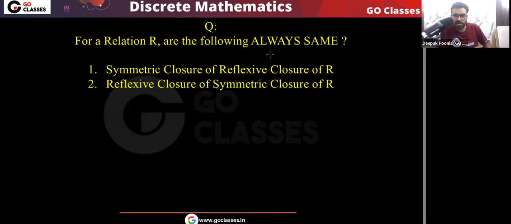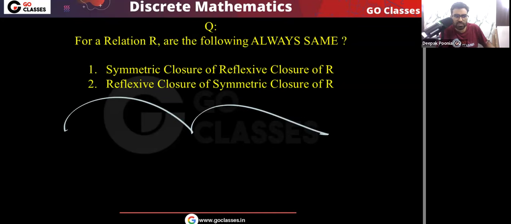For a relation R, are the following always the same? You have this relation R, you first find the reflexive closure, then the symmetric closure. In the second case, you find the symmetric closure, then the reflexive closure. Can you find them in any order?